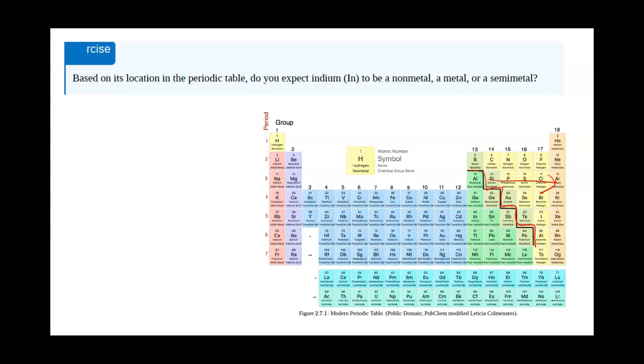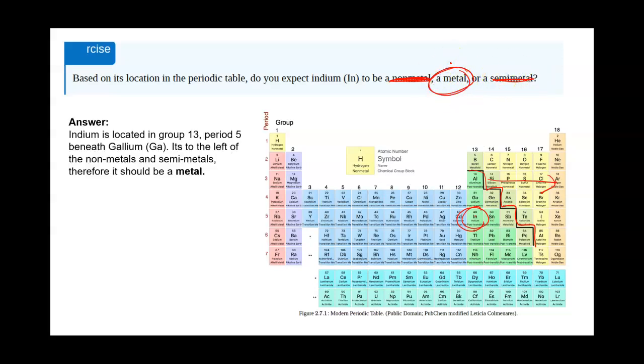So we can be pretty convinced that indium right here is not a non-metal. So then the question comes, is it a semi-metal? Well, it's 1, 2, 3 spaces away from the staircase line. So it can't be a semi-metal and it must be a metal. Okay, there we go.